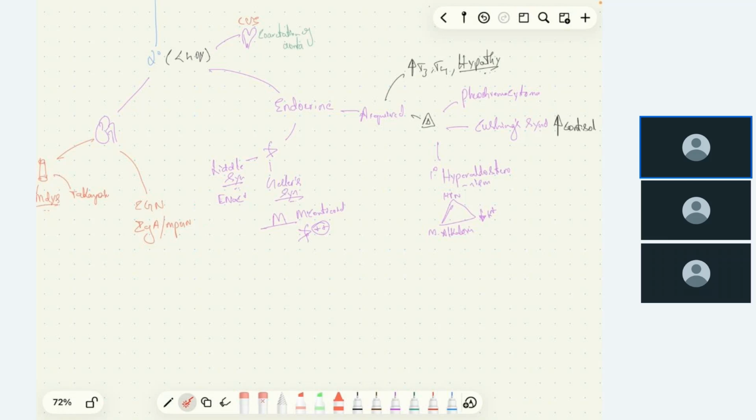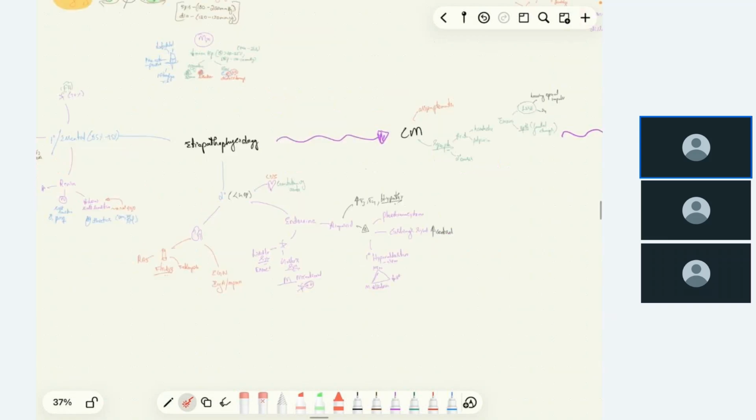If these ENaC channels are hyperactive, we'll get secondary hypertension. Or Geller syndrome, where we have gain of function mutations of mineralocorticoid receptors, which is nothing but increased activity of aldosterone, causing again increased activity of ENaC and sodium and water retention. These are the genetic causes.